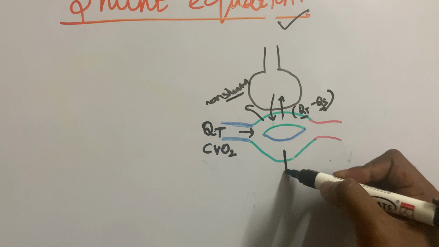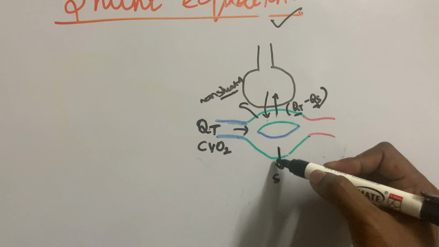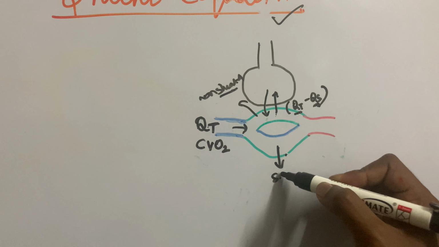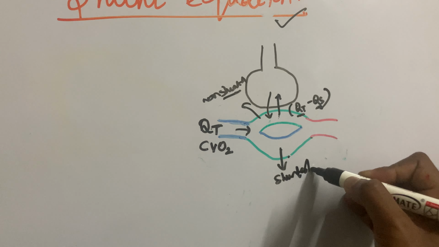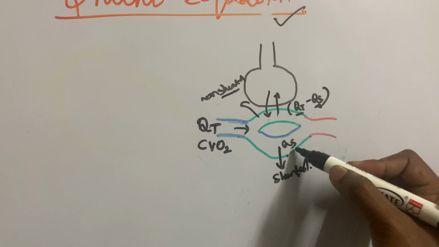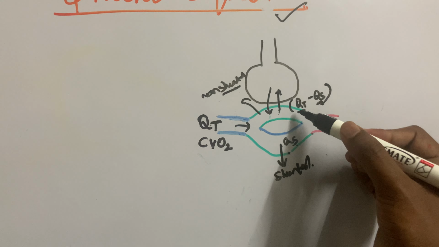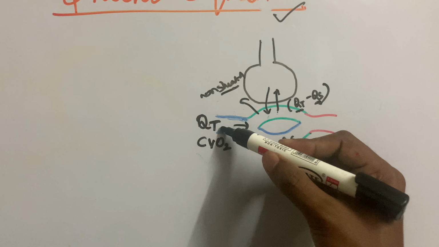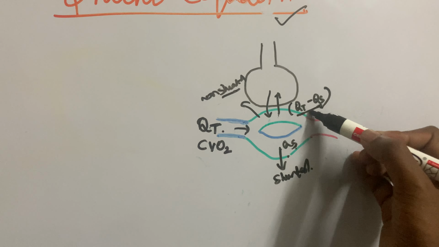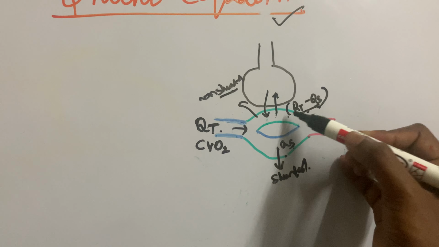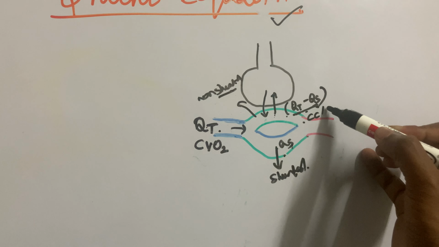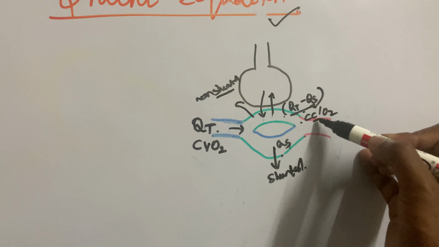When the blood passes through capillaries and doesn't take part in gas exchange, that is the shunted fraction, written as Qs. The end-capillary oxygen content can be written as C dash O2, where C dash is nothing but the capillaries.